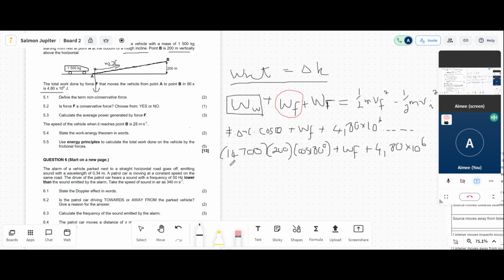So what I've just written out here is the left-hand side of my equation.